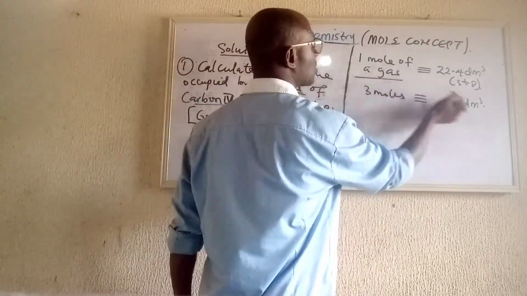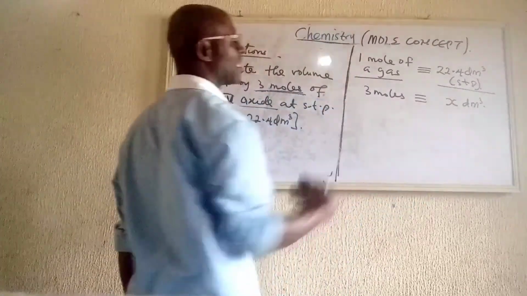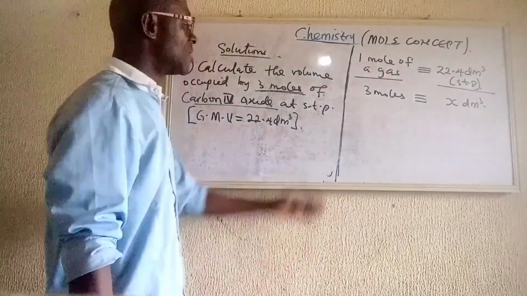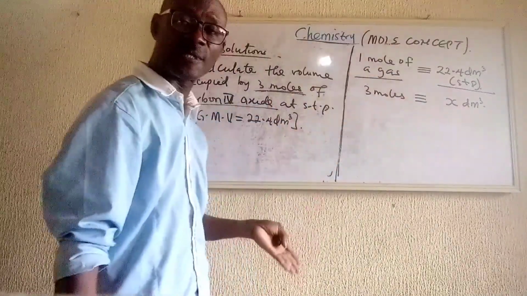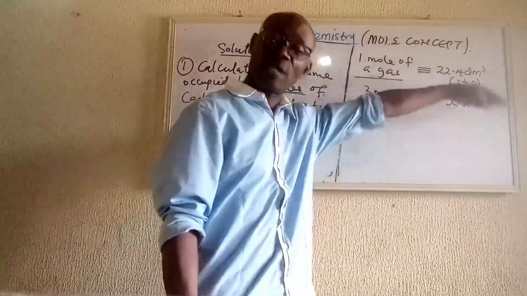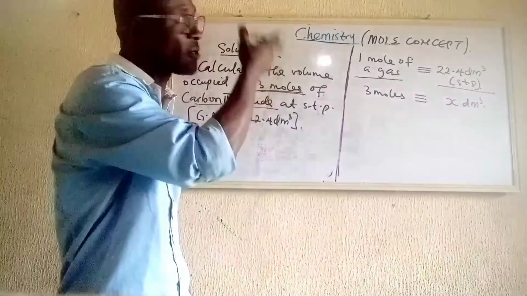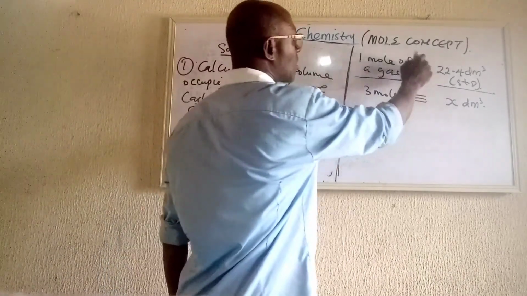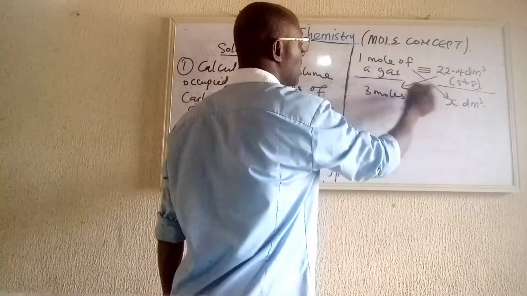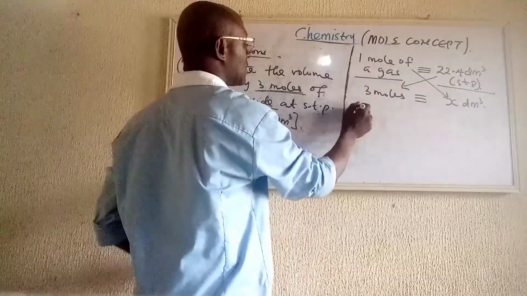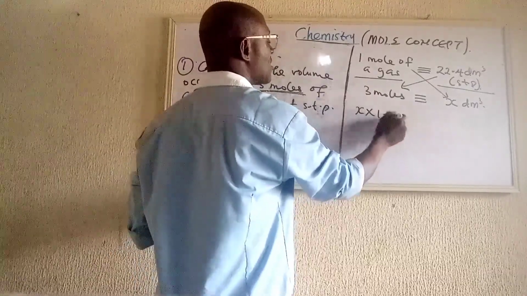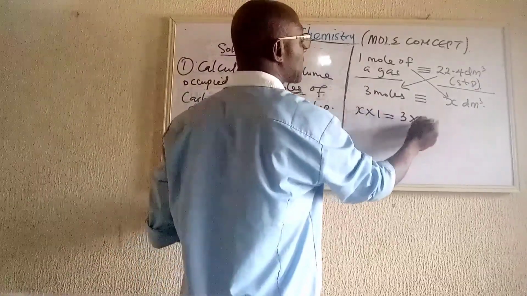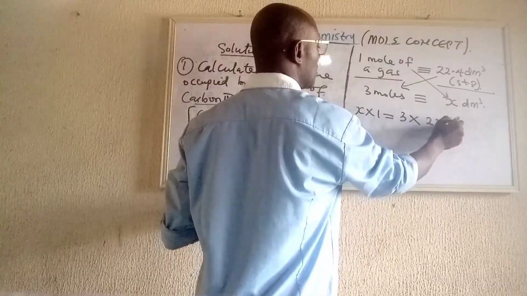Draw a division line between the two sides. Ensure that mole and mole are on the same side, volumes and volumes are on the same side. Then cross multiply and make x the subject. So when you cross multiply, x times 1 will be equal to 3 times 22.4.